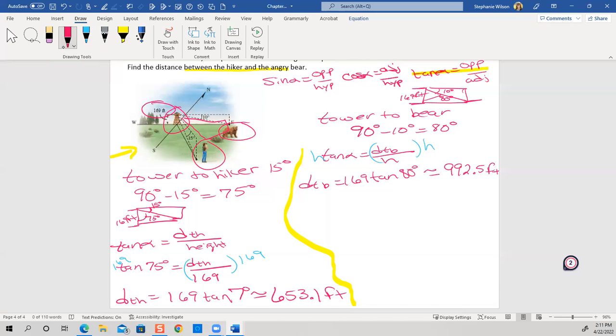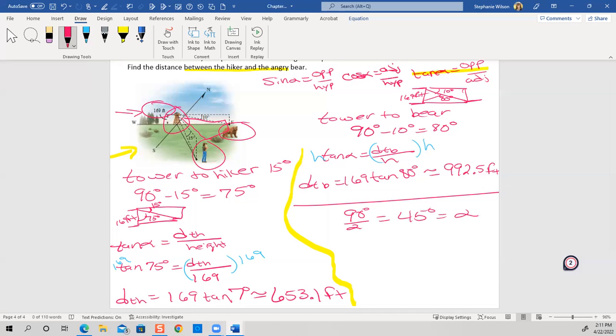Whenever we're drawing and labeling this triangle on this picture, next we want to solve for the distance between the bear and the hiker. I'm going to take the 90 degrees and divide it by 2 because we are splitting it in half. And this gives me 45 degrees for my alpha.